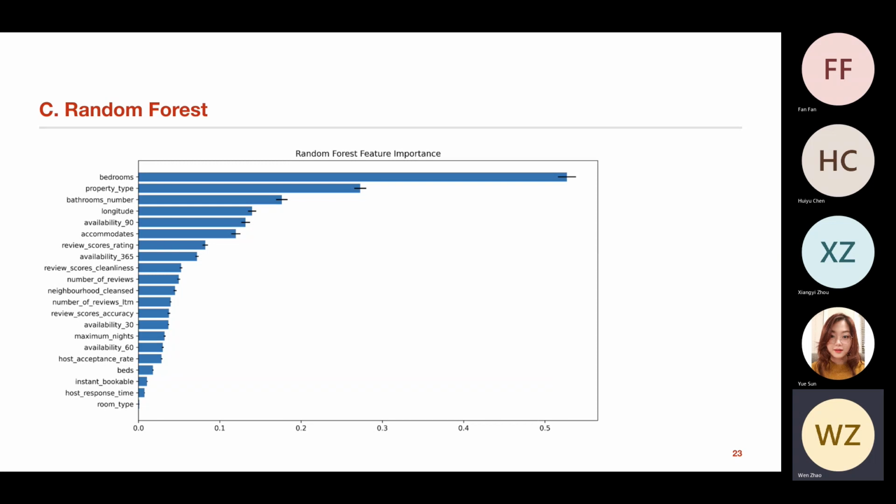The way we found the important features in the decision tree is also used in the random forest. As expected, the number of bedrooms, property types, and the bathroom numbers are the top three important features related to predicting the listing prices.